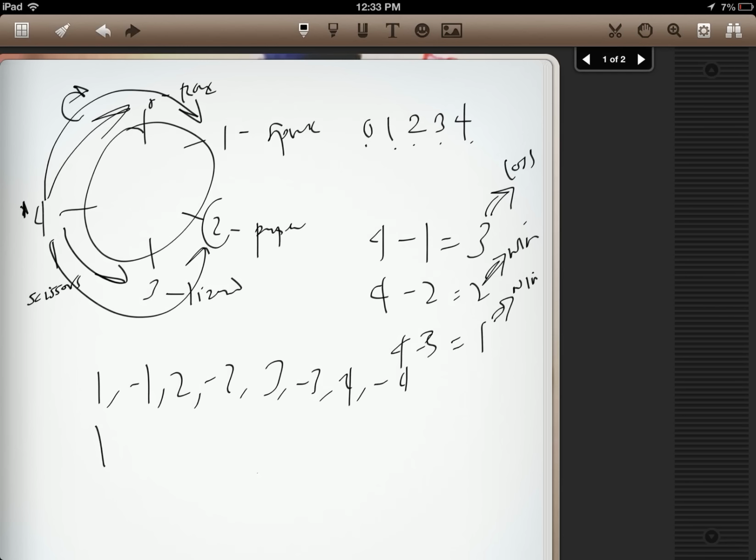Now we know the positive points: 1 and 2 represent wins, and 3 and 4 represent losses. However, it's the inverse for the negatives: -1 and -2 represent losses, and -3 and -4 represent wins.